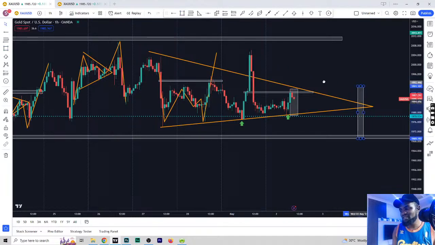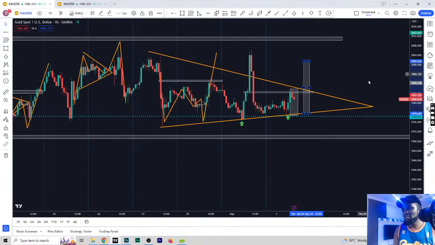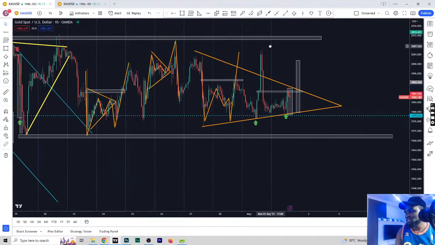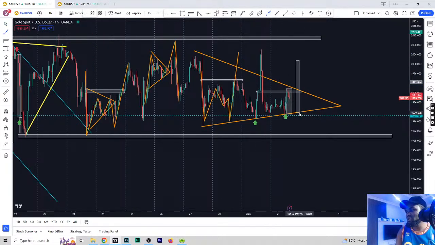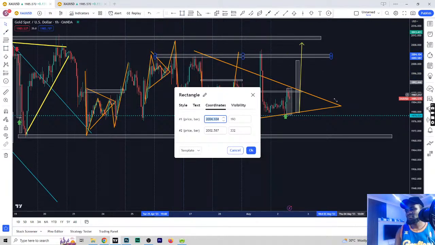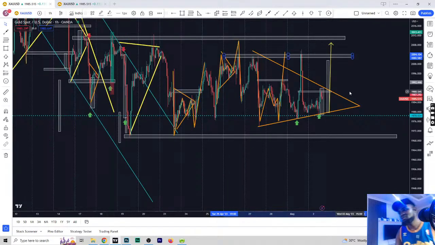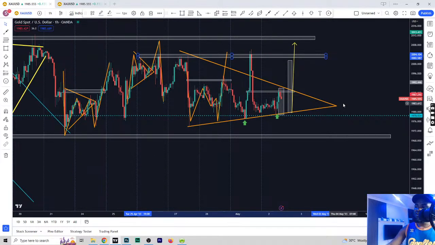So if I take this here, then the possibility of the market continuing going up like this is very high. Why do I say it's very high? Simply because we have these two market manipulations.